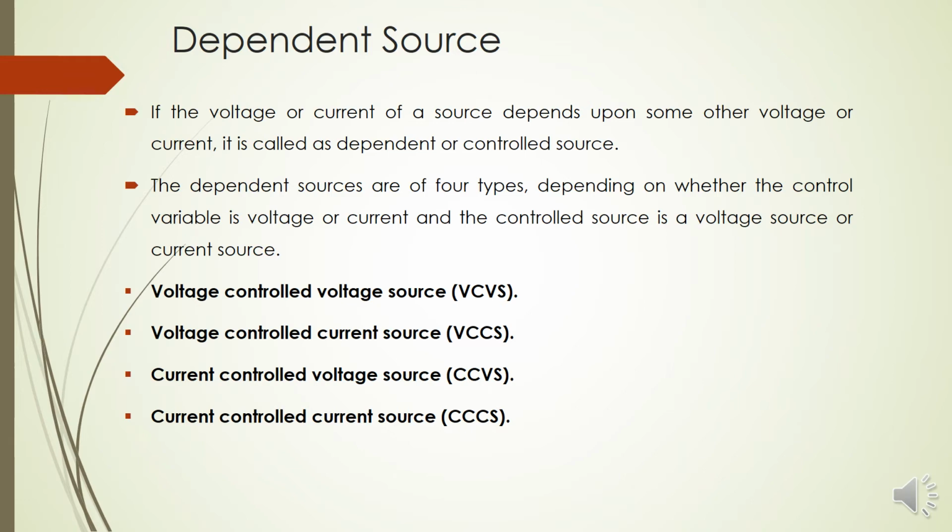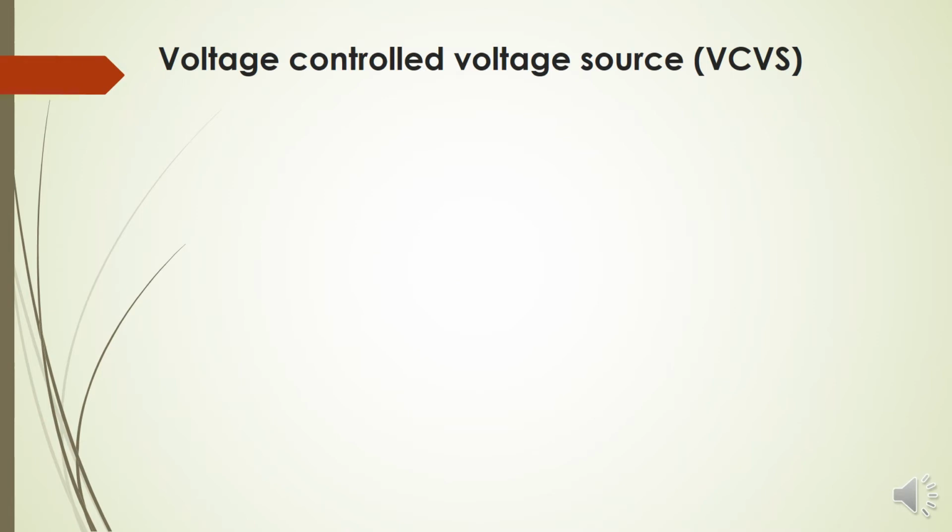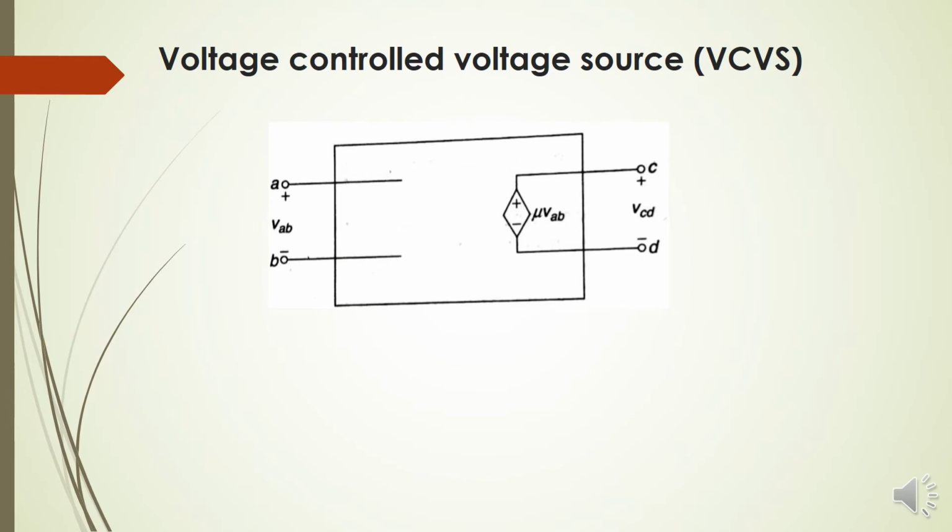Now we will see these controlled sources one by one. The first controlled source is the voltage controlled voltage source, written as VCVS.